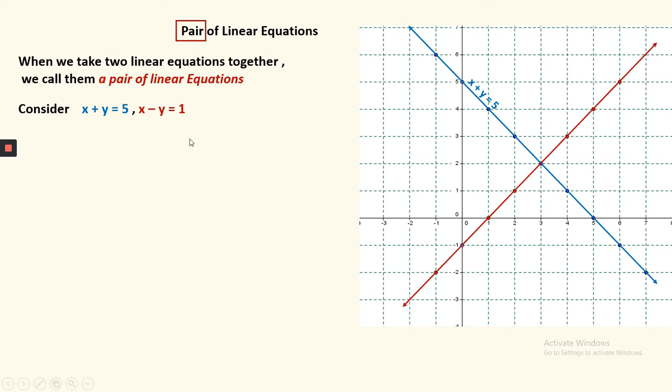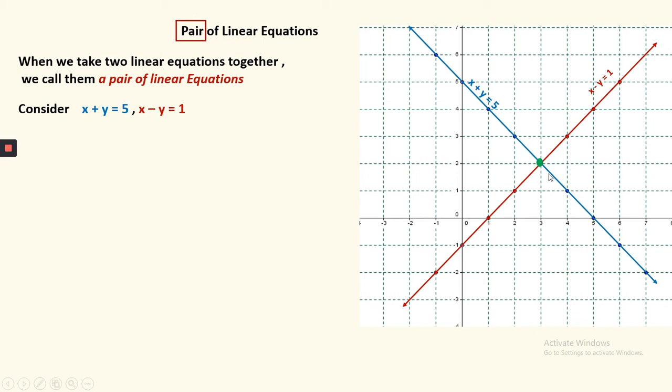Now let's discuss a few things about this pair of equations. When we have drawn the graph of one equation, we know every point on this line represents a solution of the equation. So this equation has infinitely many solutions. The second equation also has infinitely many solutions.